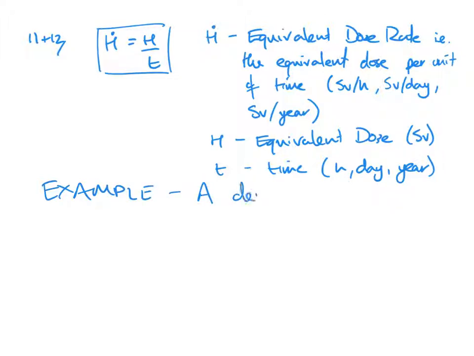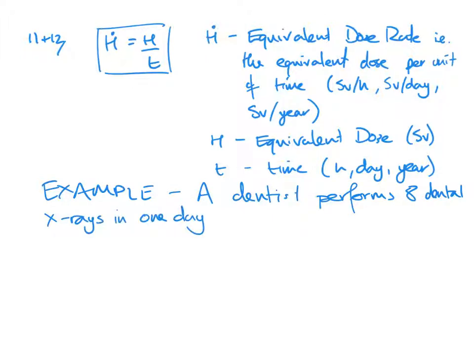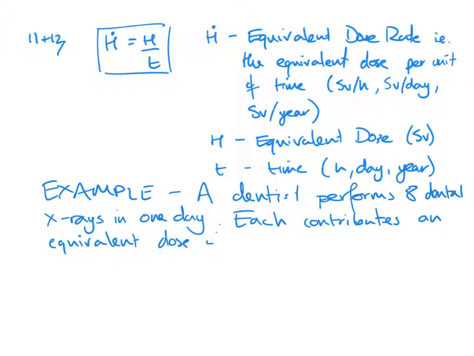If you had a dentist performing medical x-rays, let's say that they do 8 dental x-rays in one day, and each contributes an equivalent dose of 7 microsieverts, and the day lasts 8 hours.